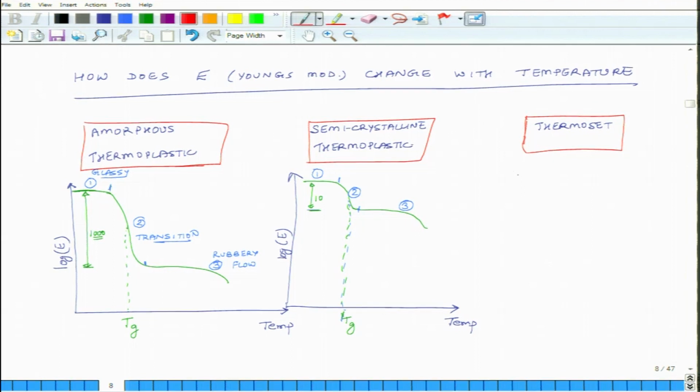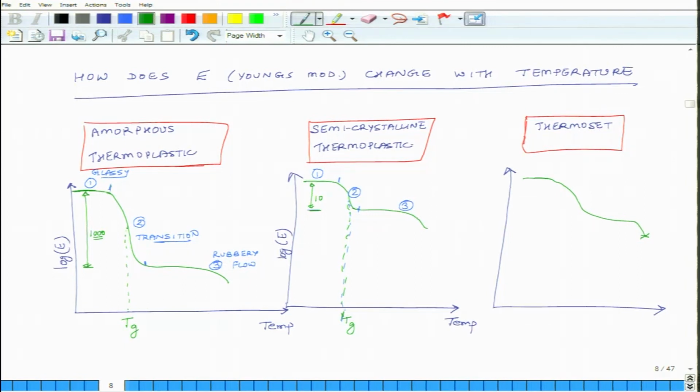Okay. So, this is what happens in thermoset. So, you may have something like this. And here it just breaks down. Okay, there is not a whole lot of flow.